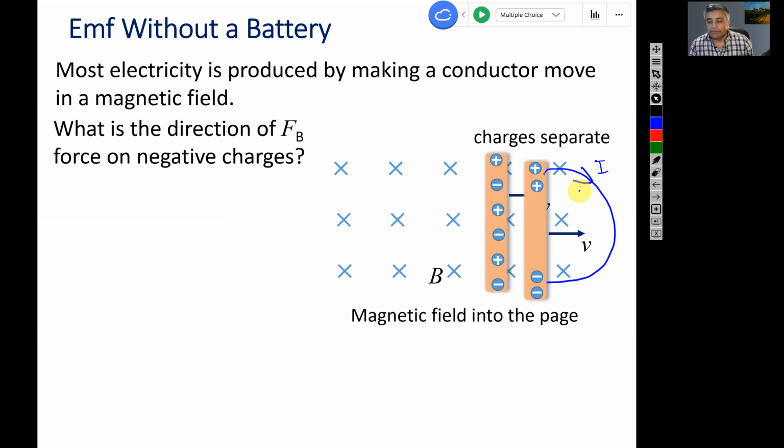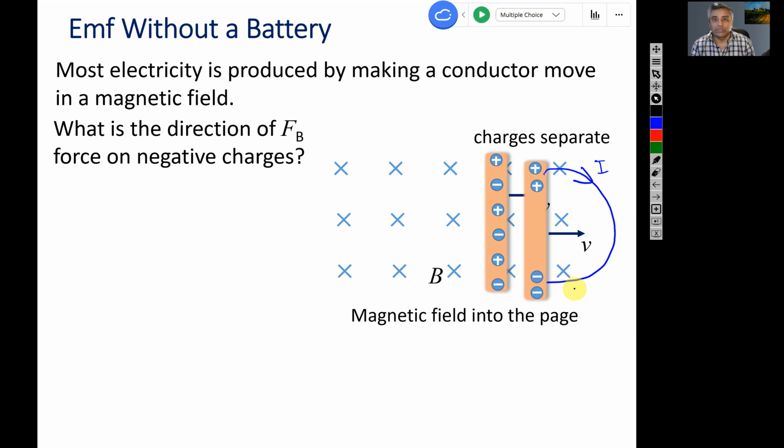Potential difference means the charges are experiencing energy there. So where is that energy coming from? The energy on this charge, where is that coming from? Remember, energy is conserved. It cannot come from nowhere.